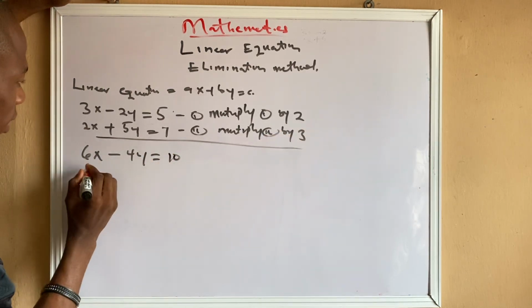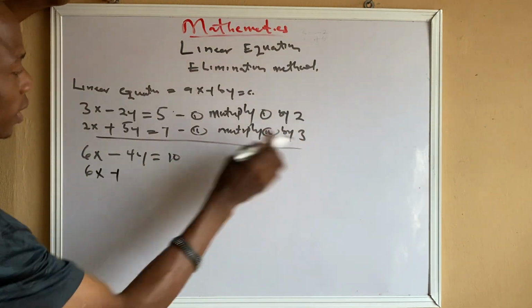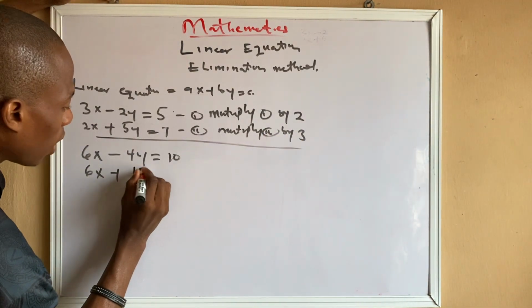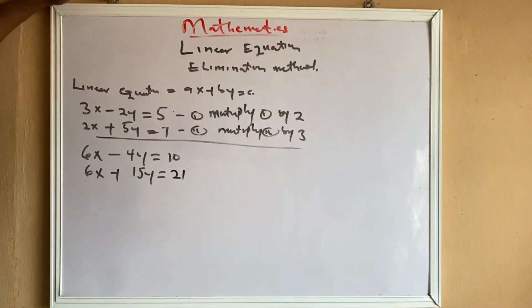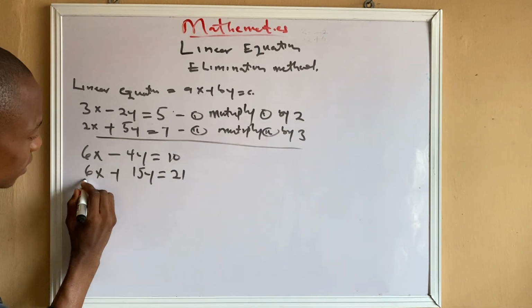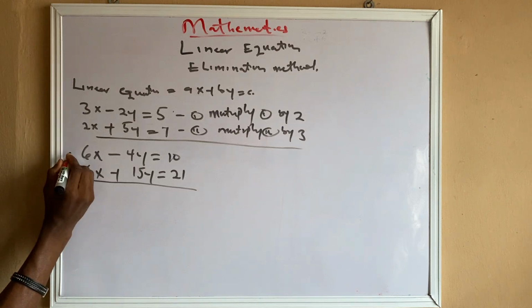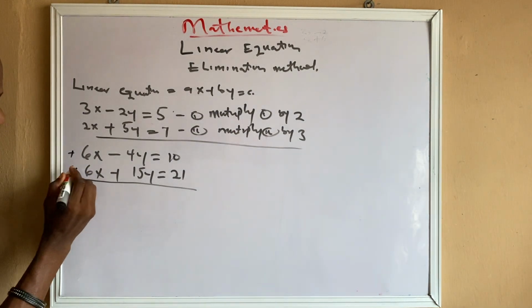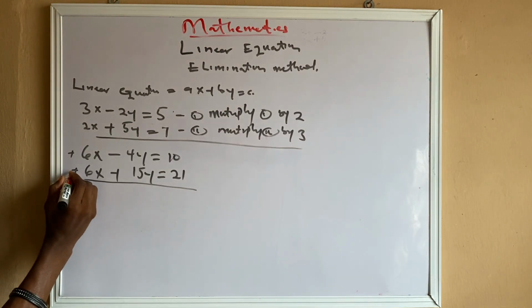The same thing with this: 3 times 2x, 6x, plus 3 times 5, 15y, is equal to 21. Okay, good. From there, we have got a similar base, which is 6x and 6x. This one is plus, this one is minus, this one is also plus.